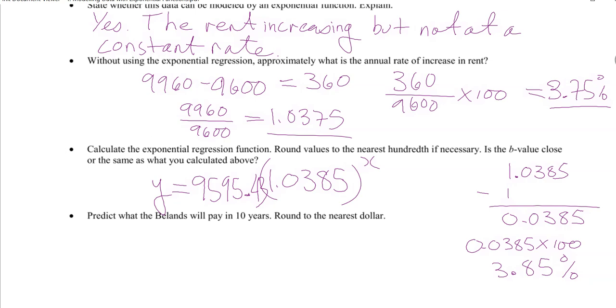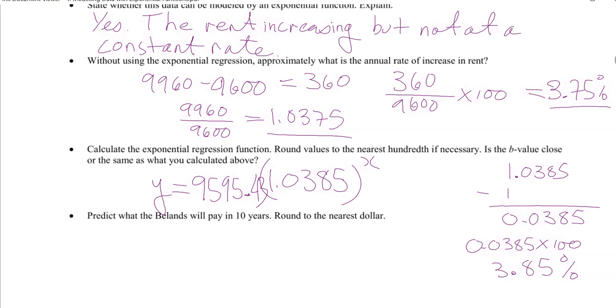We worked out a little more sophisticated, and said, well, what's the percentage increase? We said, oh, it's a 3.75% increase. That 3.75% increase corresponds to a b value of 1.0375.